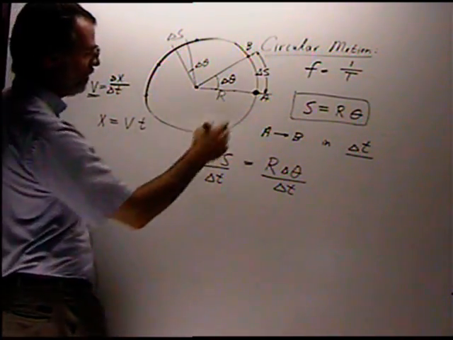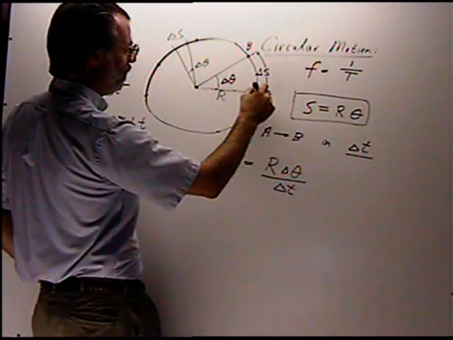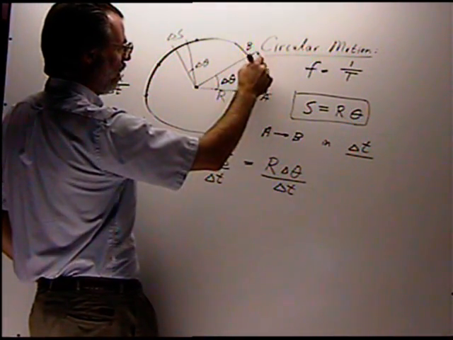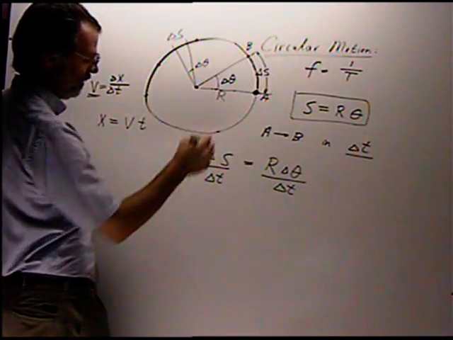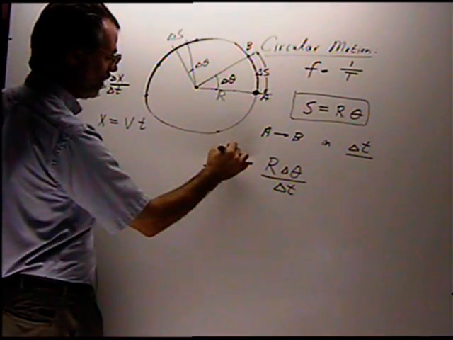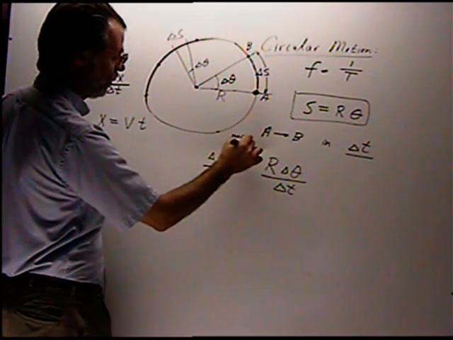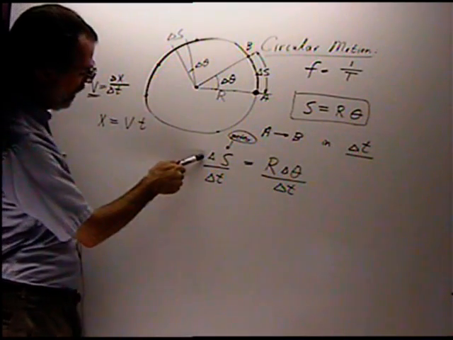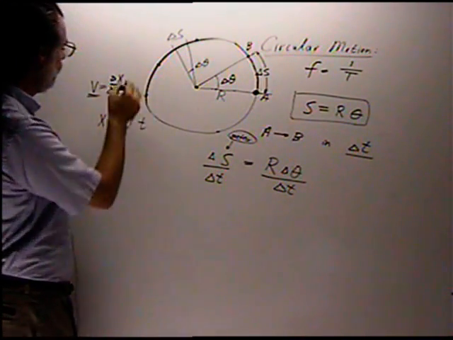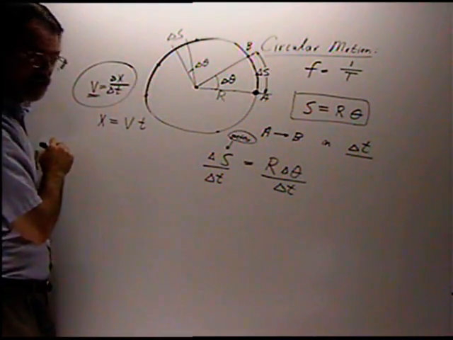Delta S here refers to the actual arc length that this mass is traveling. It's the length. This is actually in meters, so it's the same thing as x. So delta S divided by delta T is simply velocity.